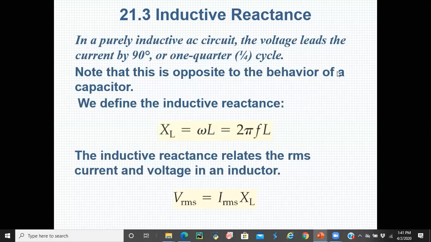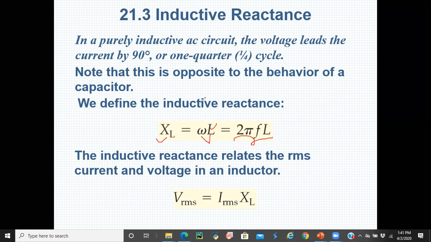Inductive reactance is denoted by XL, as capacitive reactance is denoted by XC. Inductive reactance is given by the product of angular frequency and inductance. Angular frequency is 2 pi f. So this is the formula to calculate inductive reactance.